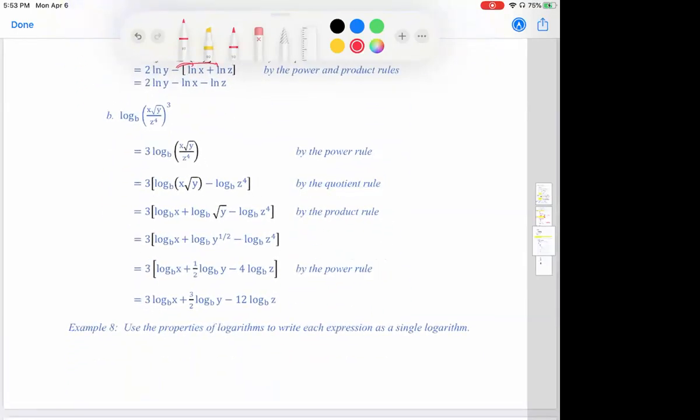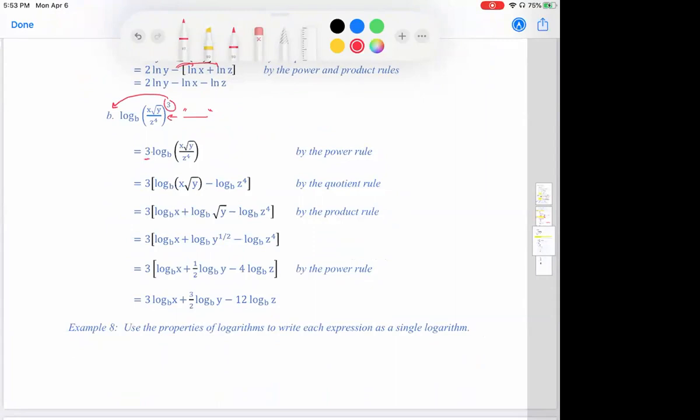Let's take a look at B. All right, so I want to rewrite it and I want to expand as much as possible. I see this 3, so I know I should move that forward to multiplication. And because we see this division, I know that it has to be a minus. Okay, so it first starts off by treating that exponent as a number that's being multiplied.